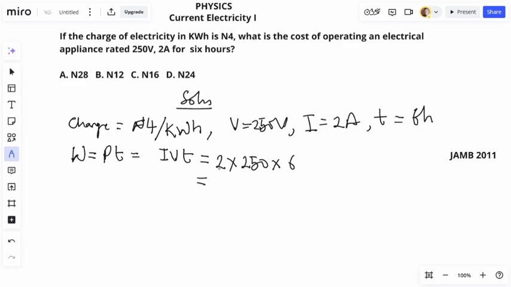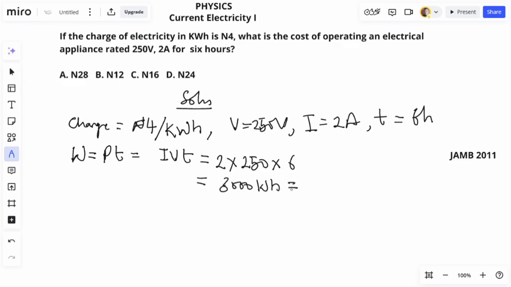So if you do this times that will give you 3,000. 2 times 250 is 500 times 6 is 3,000 watts hour. Watts here represent power. Then hour here represents time. Power times time. So that's how we get the unit for electrical energy, watts hour.